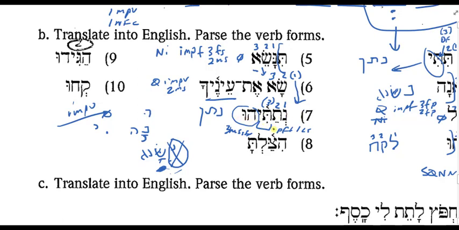Here's one question for us. What stem is Nathan in? I've got perfect 1CS, but is it the cal, the PL? What am I looking at here? Yeah, this is the cal stem. Does it look like the cal stem here on the front part? Okay.